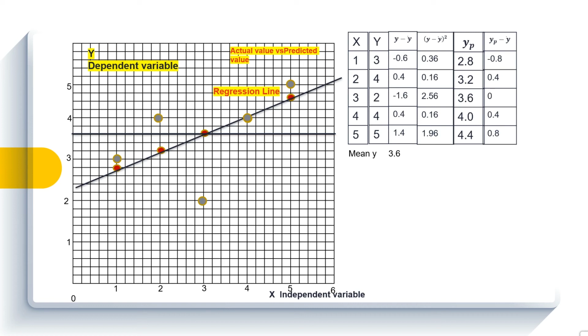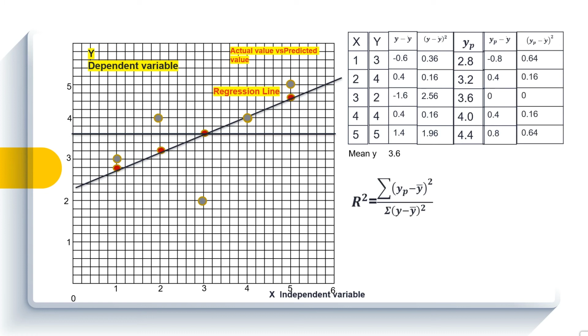Then 4.4 minus 3.6 is 0.8. So we calculated the value of yp minus y bar. Now it's our turn to calculate yp minus y bar whole square. Next, we have minus 0.8 square as 0.64, minus 0.4 square as 0.16, 0 square as 0, 0.4 square as again 0.16, and 0.8 square as 0.64.